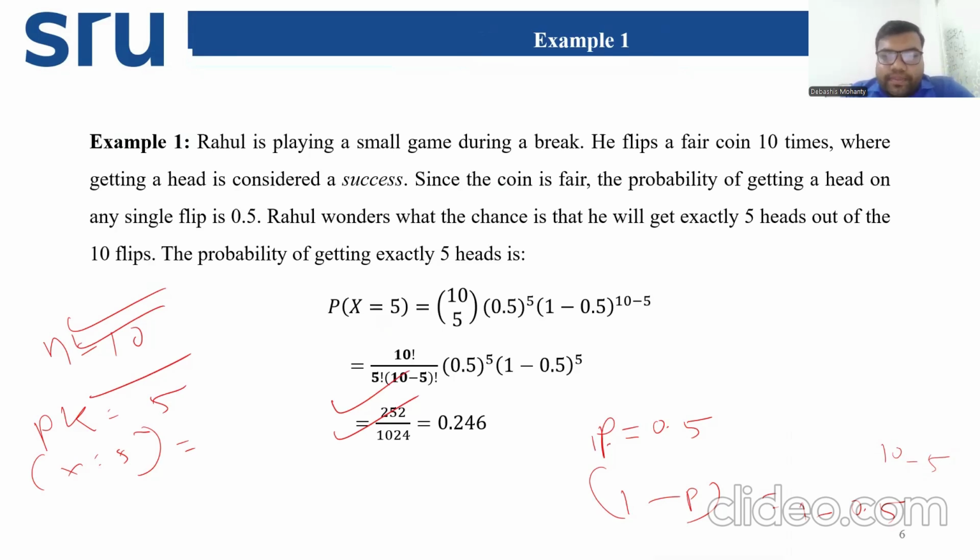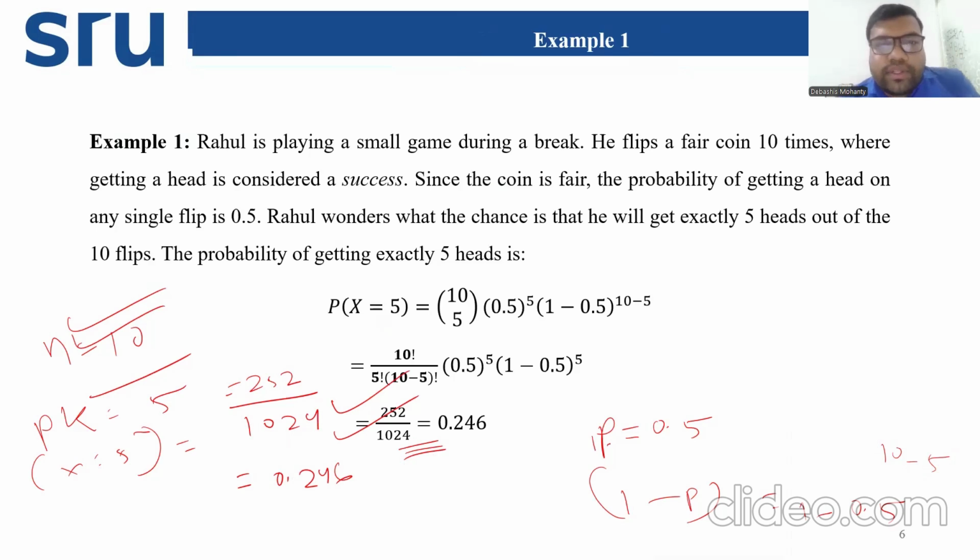After applying this formula, we get 252 divided by 1024, and the result is 0.246.